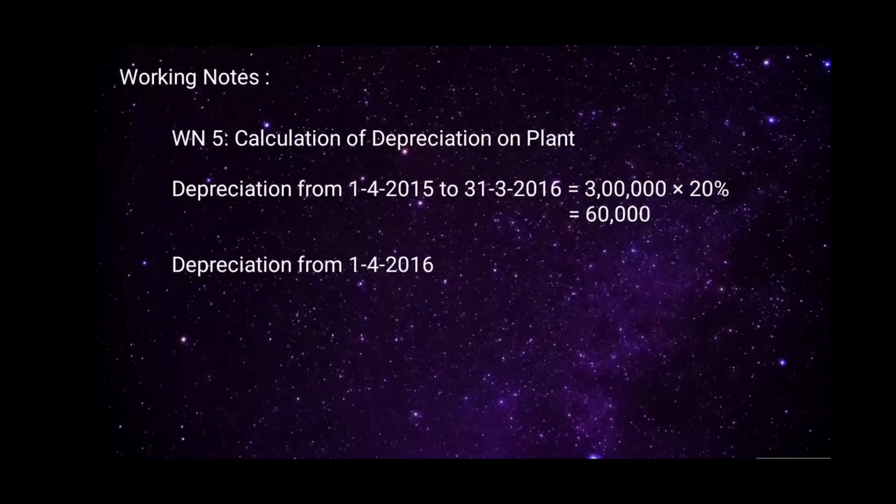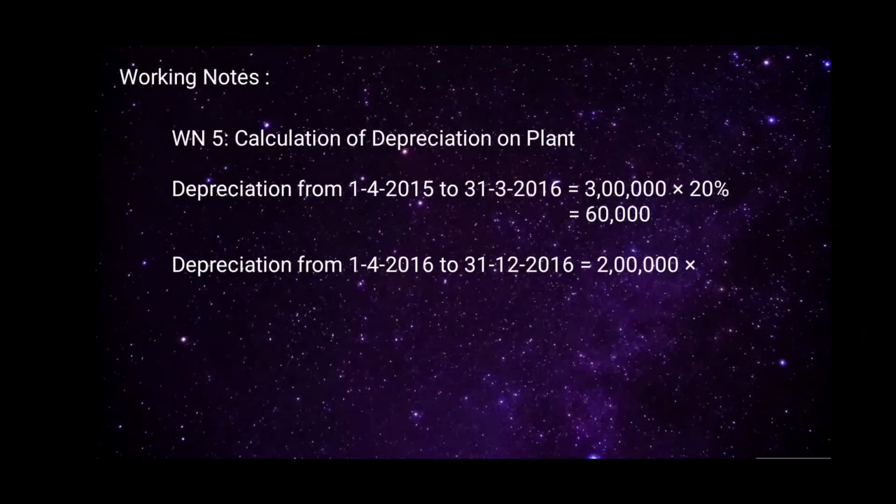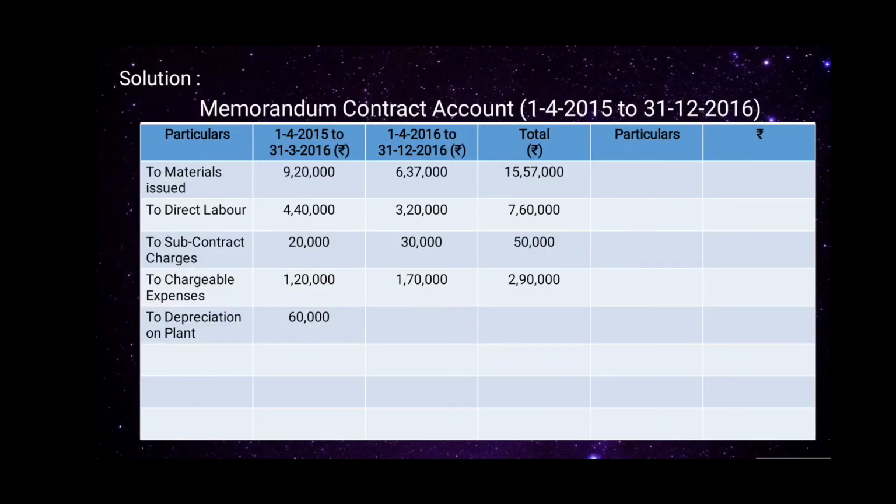And depreciation from 1st April 2016 to 31st December 2016 will be equal to 2 lakh into 20% of depreciation into 9 months, which will be equal to 30,000. So we'll record it 60,000 for actual expenditure and 30,000 for estimated expenditure. So the total amount will be 90,000.